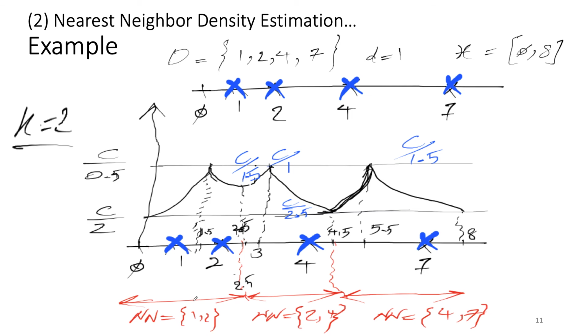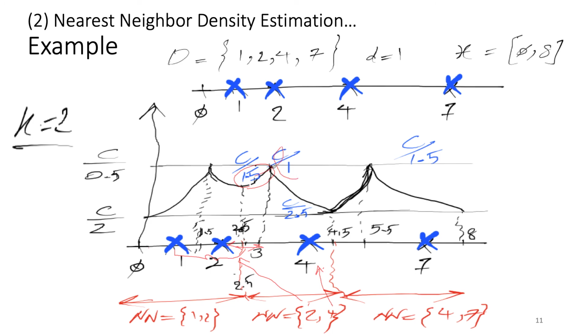So just like before, when you are here, starting from 1, that would become 1.5. That's why you have C over 1.5 here. If you are at point 2, starting from here, from 2 to here, the distance becomes 1.